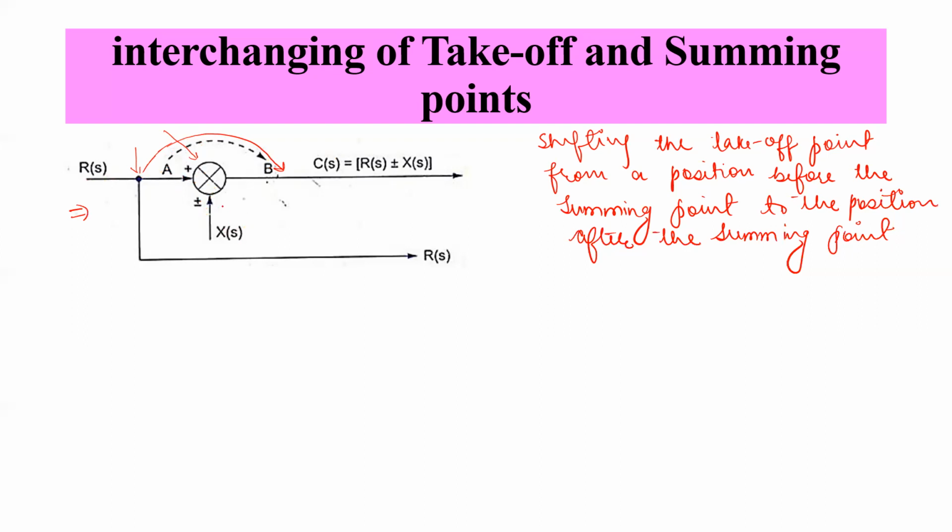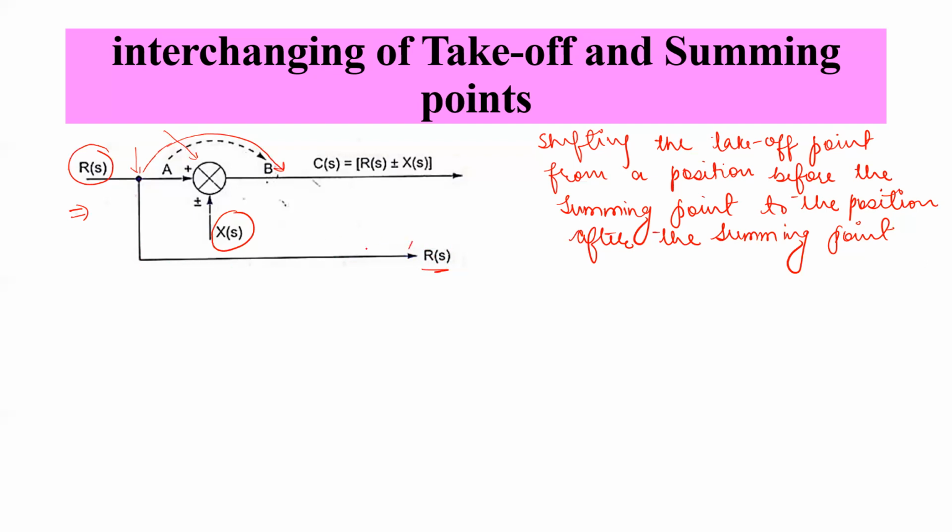From here, we have XS coming to the summing point as an input. And the output CS is equal to RS plus minus XS, the sum of these two signals. And this is a takeoff point, so we have RS as an output at this end of the branch.